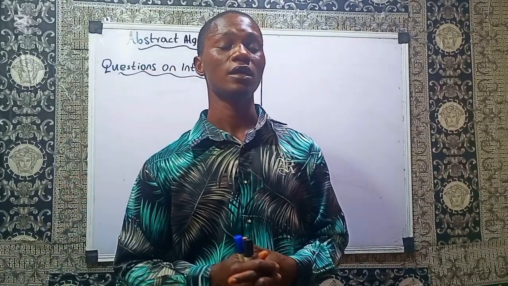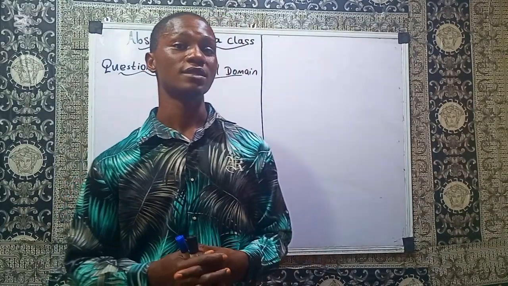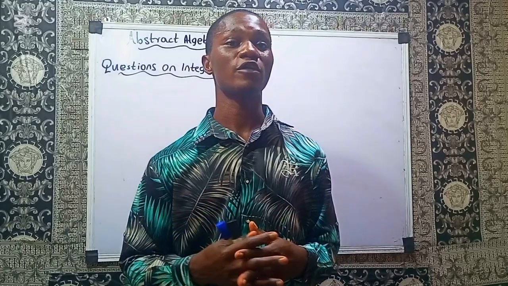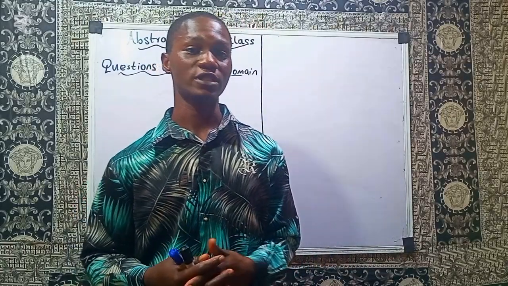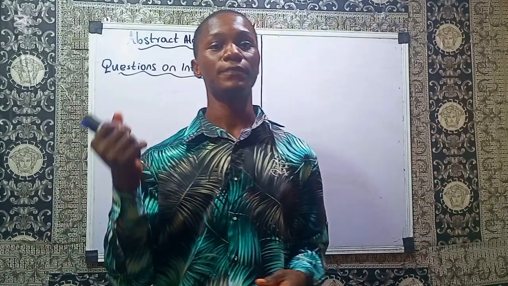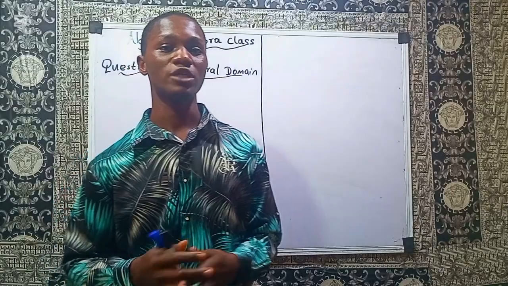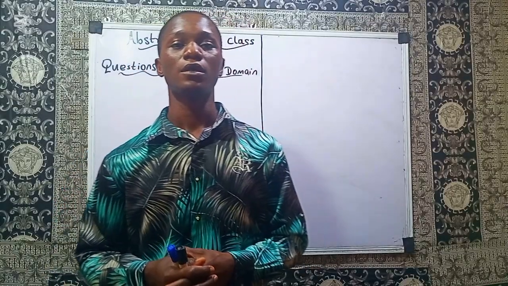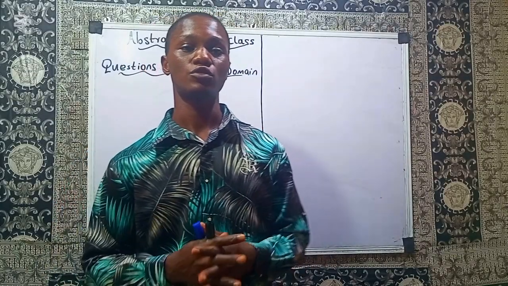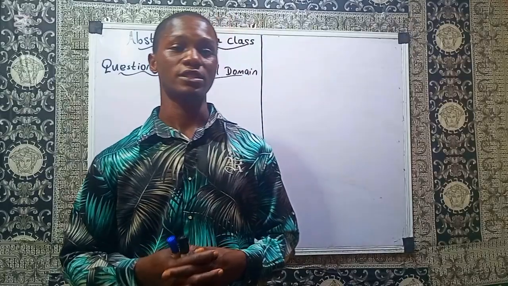We said Zn, that is the ring of integers modulo n, where n is not a prime. We also saw the ring of 2 by 2 matrices over the real numbers. Those two rings are not integral domains.